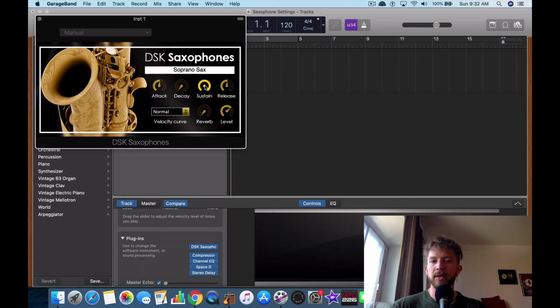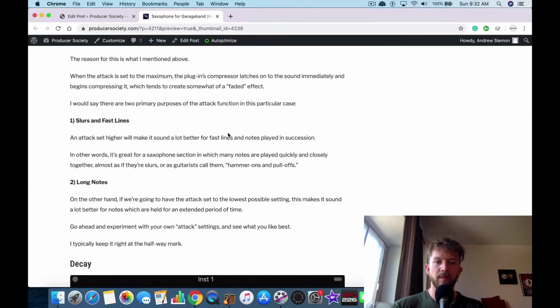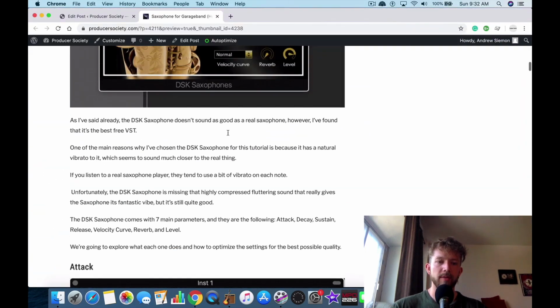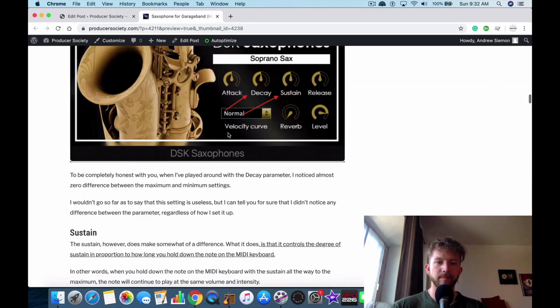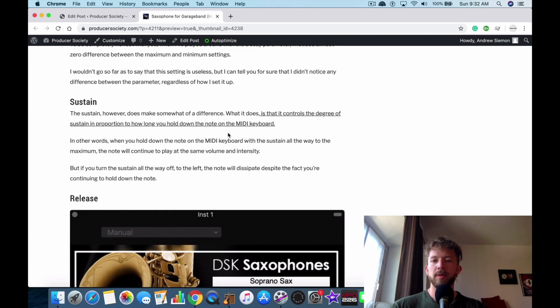The sustain, on the other hand, is a bit different. It does make somewhat of a difference. And what it does is, how did I explain it in my article? I had a good way of explaining it. So it controls the degree of sustain in proportion to how long you hold down the note on the MIDI keyboard.